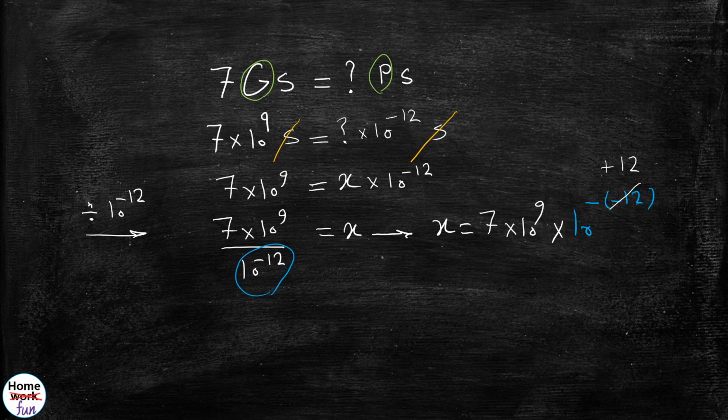And here I have 10 to the 9 times 10 to the 12. The bases are the same, I add up the exponents. So that's 7 times 10 to the power of 9 plus 12, or x equals 7 times 10 to the power of 9 plus 12. That's 21. That's it. 7 gigaseconds equals 7 times 10 to the power of 21 picoseconds.